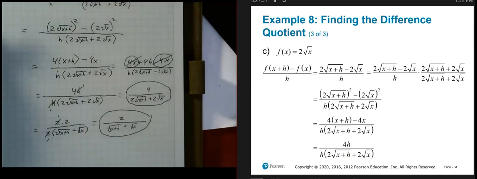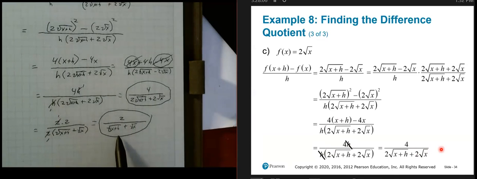And they leave it this way. And they take out the h's. And so, boom. We still have an h in the denominator, but it doesn't matter because it's going to be added to whatever x is. And at this point, we say x can't be 0.